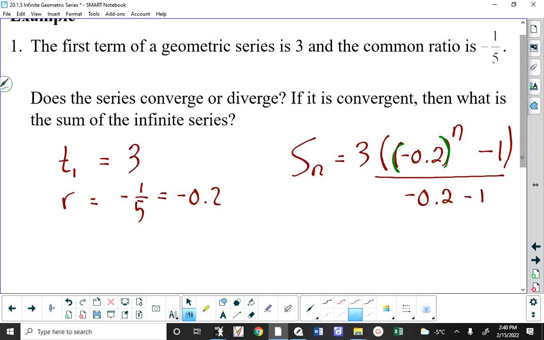And because we're taking that thing raised to the n minus 1, we're taking that whole thing and dividing by whatever -0.2 minus 1 is, this set of brackets is also important. I think it would serve us well to figure out what this denominator is so we don't need a third set of brackets.